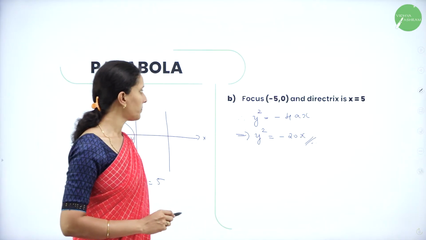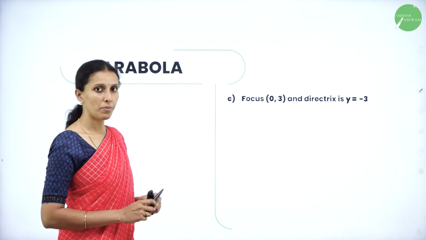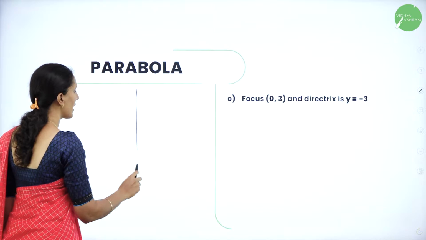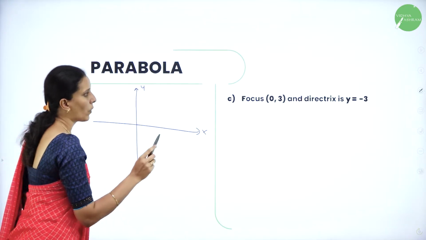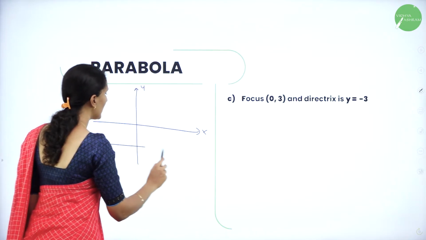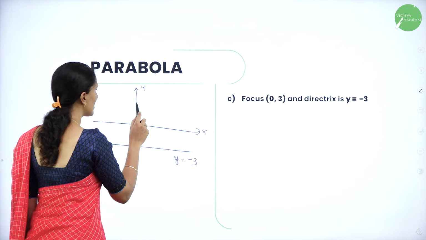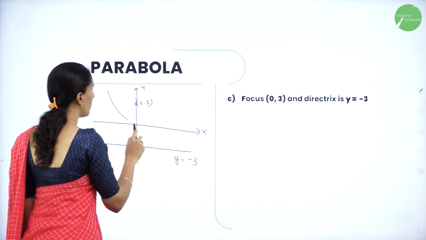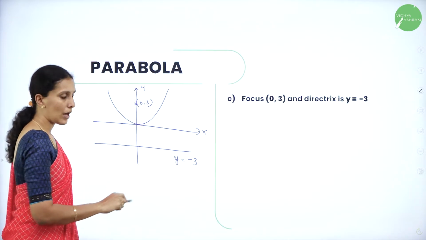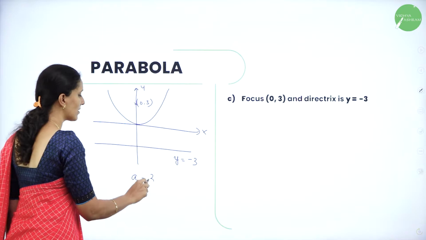Next question. Focus is 0, 3. Directrix is y is equal to minus 3. So if this is my x-axis and y-axis, y is equal to minus 3 will be the line parallel to x-axis and focus is at a distance 0, 3. So this shows my parabola is upward parabola, and from the observation we can write the value of a as 3.